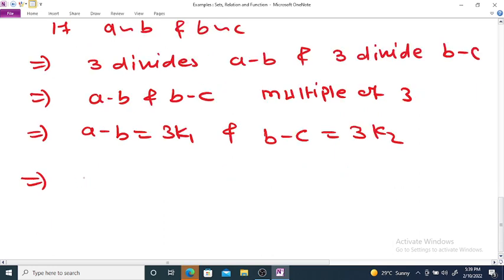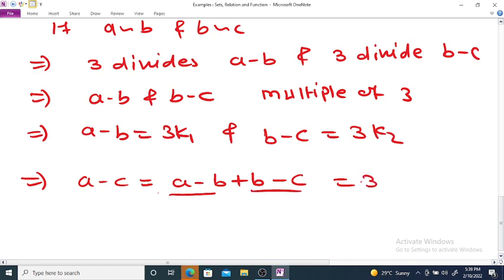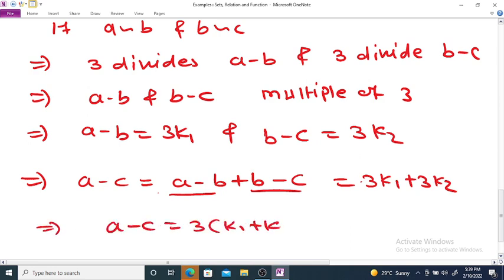Now if we consider A minus C, we can write it as A minus B plus B minus C. The value of A minus B is equal to 3k1 and the value of B minus C is equal to 3k2, and therefore A minus C is equal to 3 times k1 plus k2.